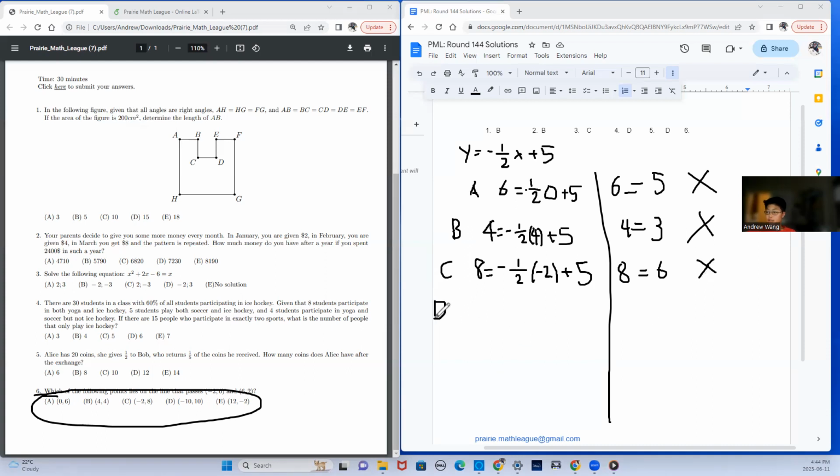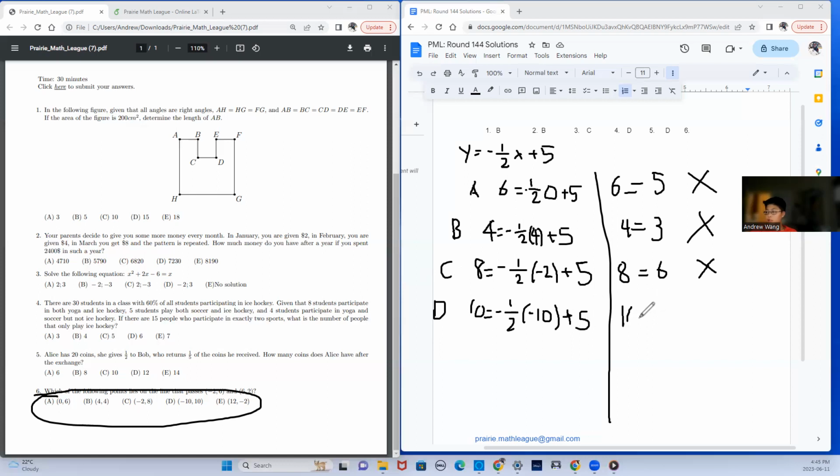Now let's look at D. D has the coordinates -10, 10. So let's plug it in. 10 equals -1/2 times -10 plus 5.